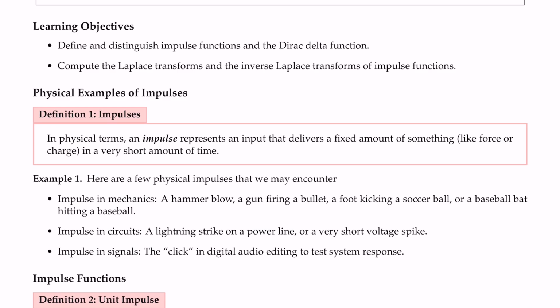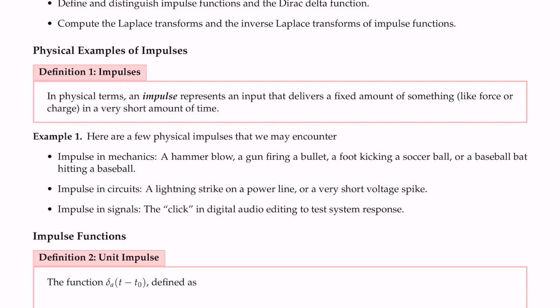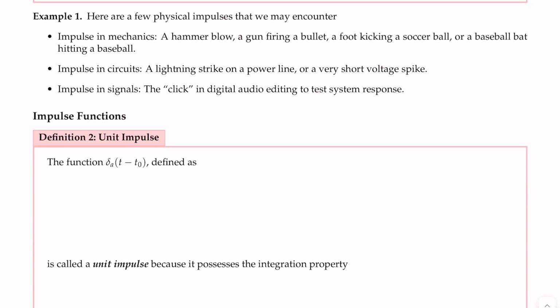Okay, so in general, mathematically, what does that mean? What type of function is that? I'm going to introduce two types of impulse functions. One is a general impulse function, and one is a more specific case. For the unit impulse functions, the function is written in this form: delta sub a of t minus t0.